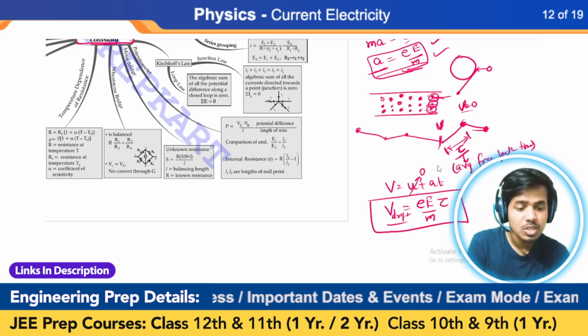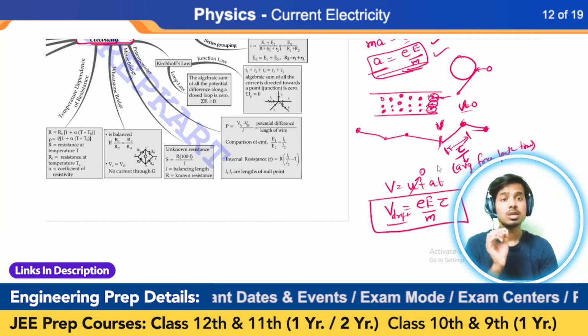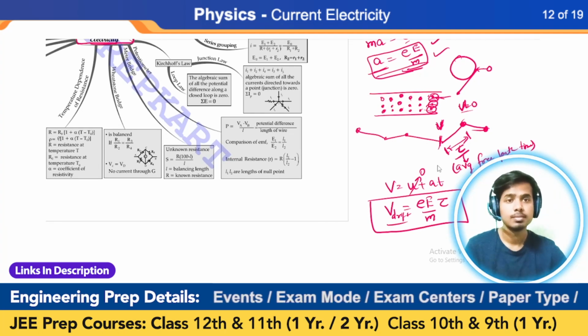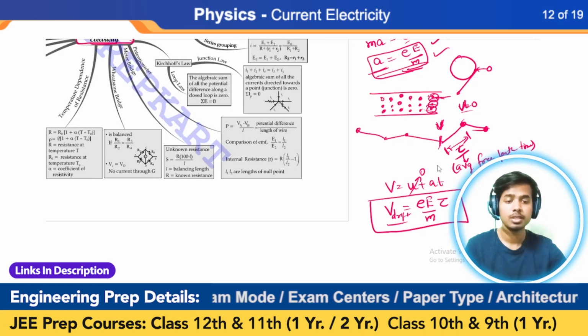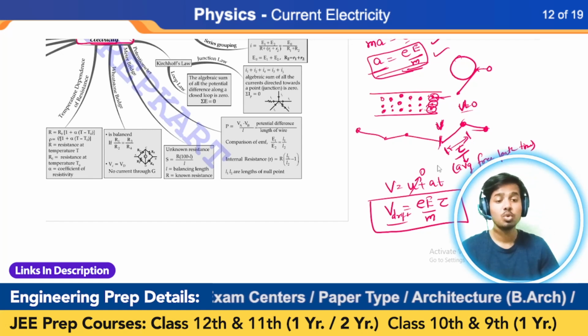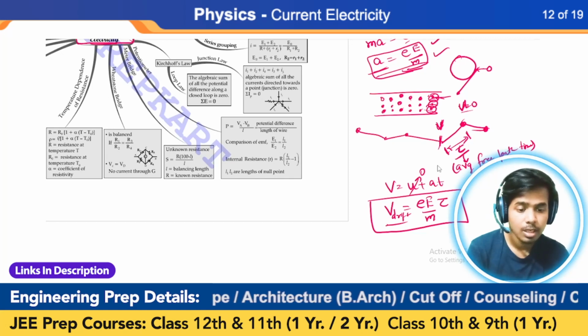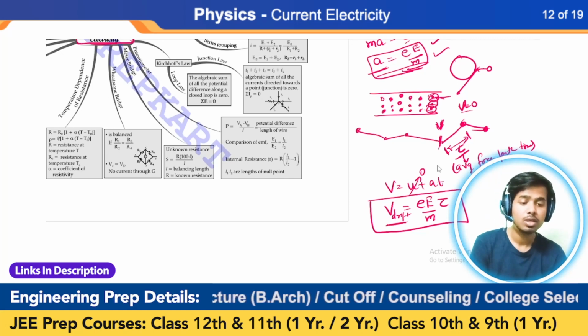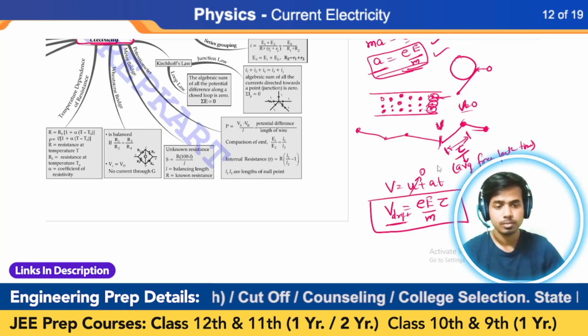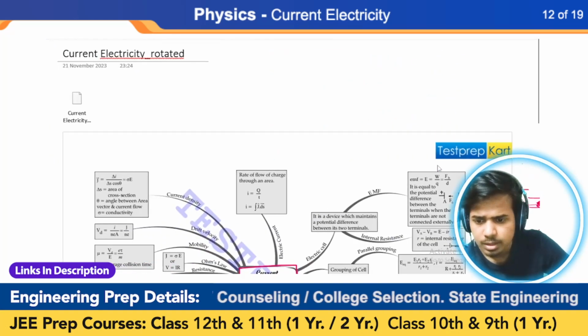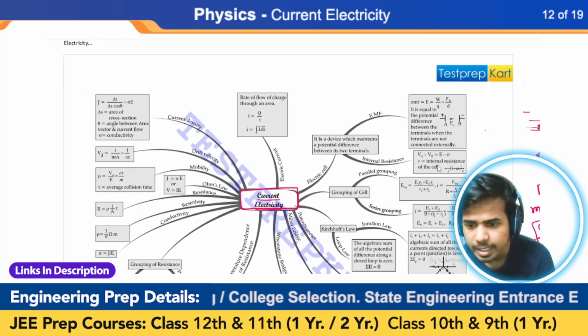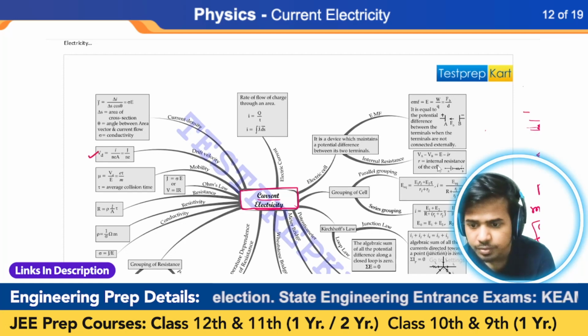This is called drift velocity because electrons are not going in a straight line, they are drifting during their motion. That is why this motion is called drifting, and the velocity associated with it is called drift velocity. So I hope this was clear. This is exactly what I'm talking about, drift.